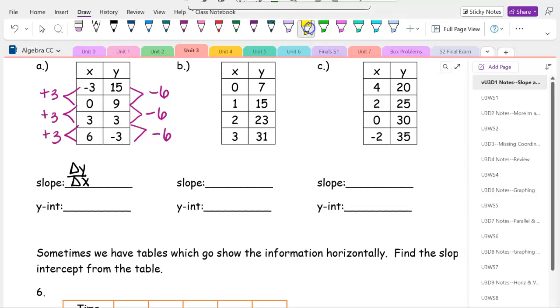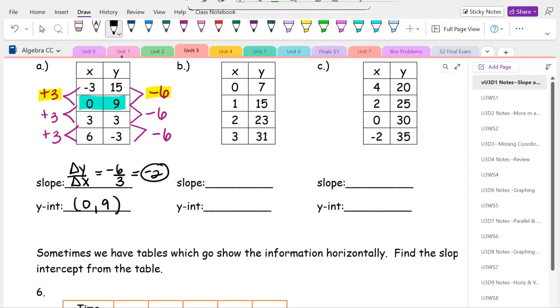So when you do your change in y over change in x, it doesn't matter which ones you do. You're all going to get the same thing either way. So negative 6 divided by 3 gives us a negative 2 for our slope. Your y-intercept is wherever you see your 0, which is right there. So our y-intercept is 0, 9.